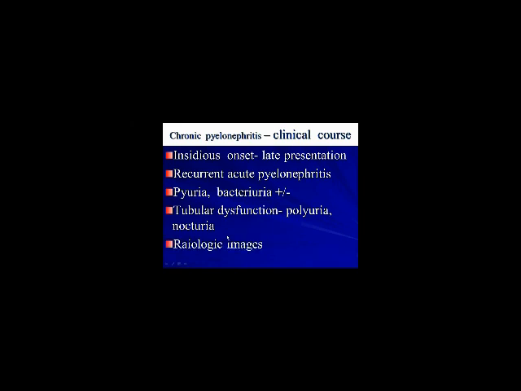Radiological images are very important because they will show disfigured or damaged calyces and pelvic area of the kidney. And in the late stage, when glomeruli also get sclerosed, the patient will develop chronic kidney injury or chronic renal failure.